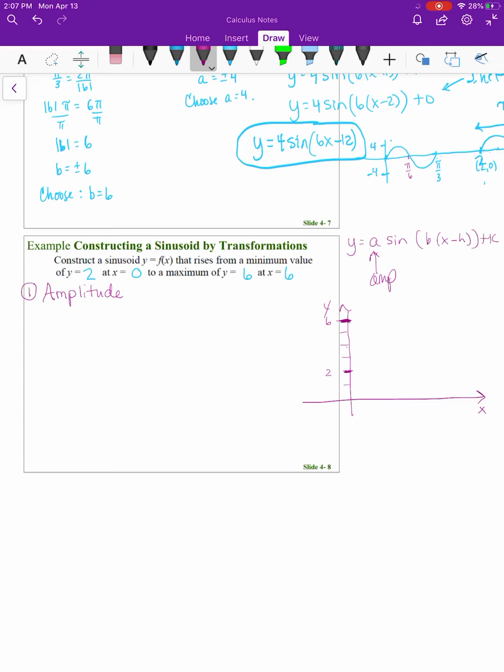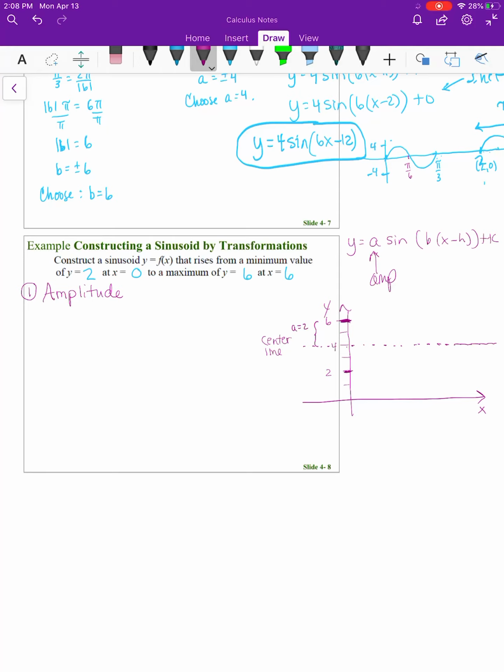So I'm going to darken this one and darken this one. I want to find out what's halfway between. Look, 1, 2, and then 1, 2. So this line right here is halfway between. We call that our center line. And for this particular function, it's going to be 4, right? Because it's 2 away from 2, and it's 2 away from 6. So our center line is 4.